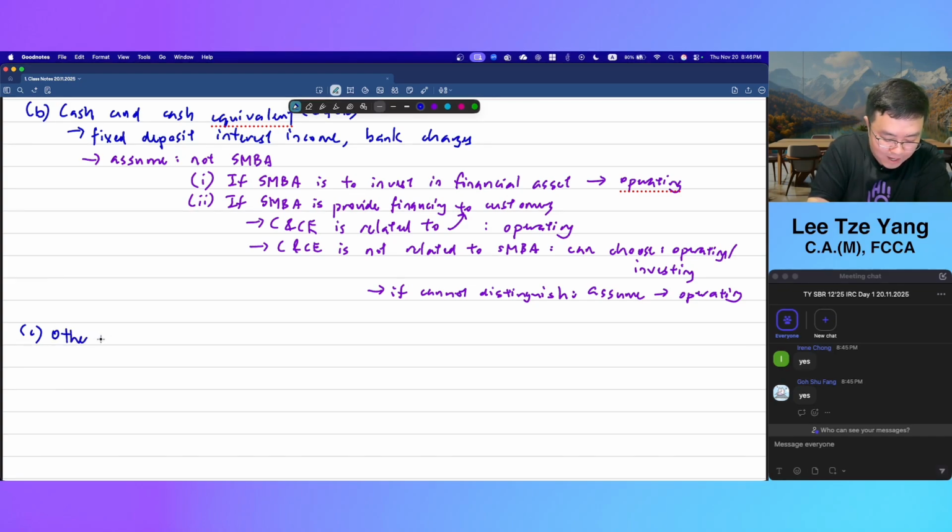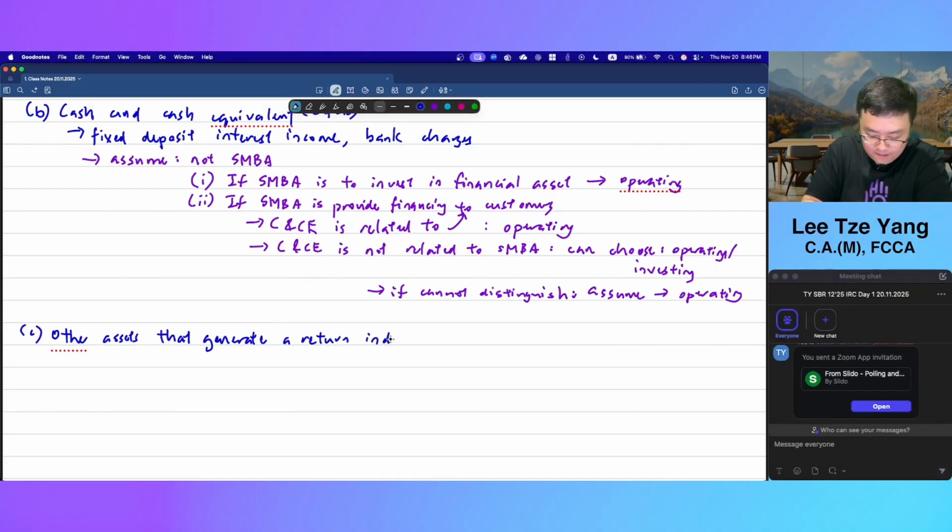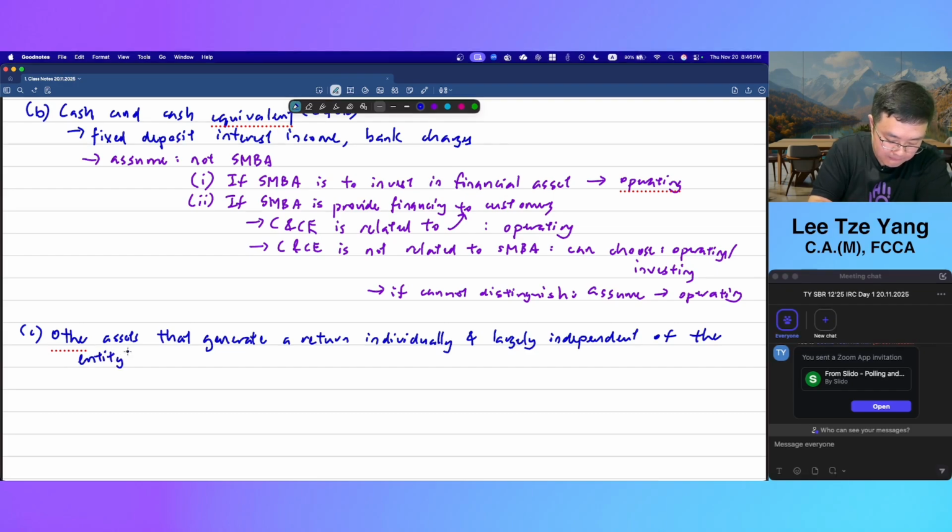If it relates to other assets that generate a return individually and largely independent of the entity's other resources.